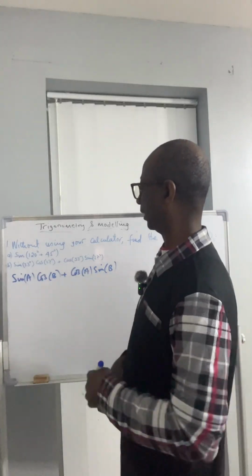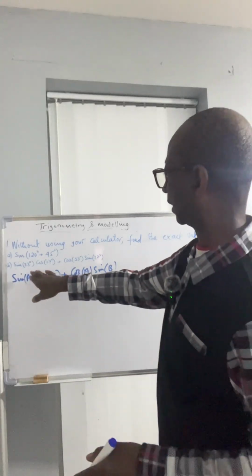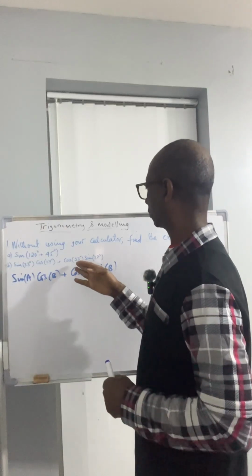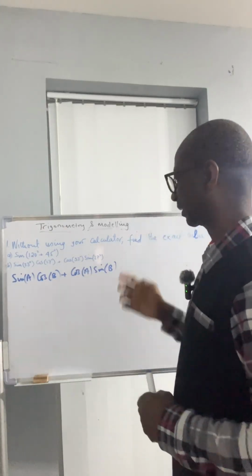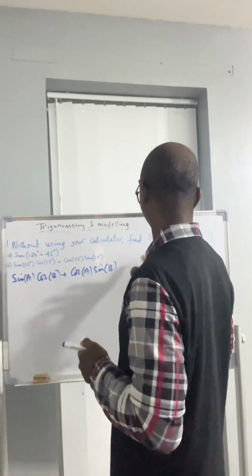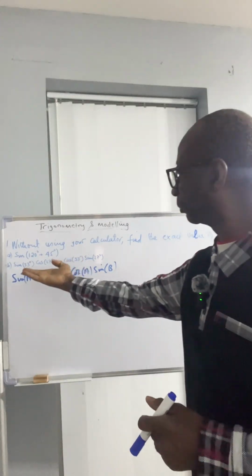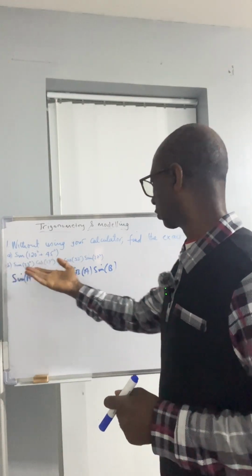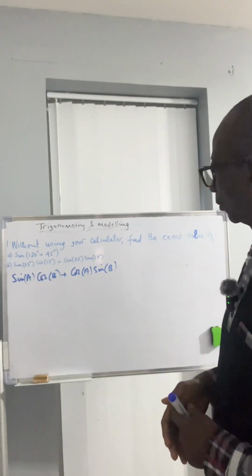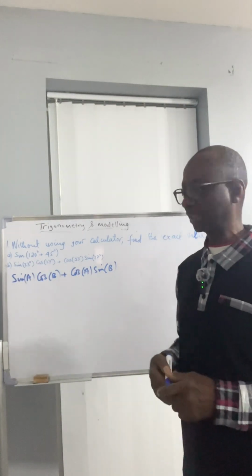If you're asked to calculate sine 33 degrees cosine 27 degrees plus cosine 33 degrees sine 27 degrees without using a calculator, it's impossible without these powerful tools, the angle addition formulae that we have.